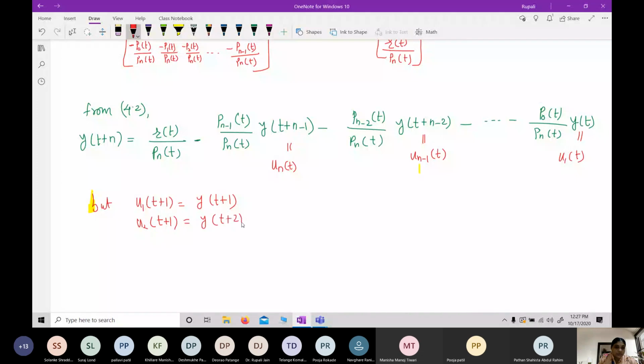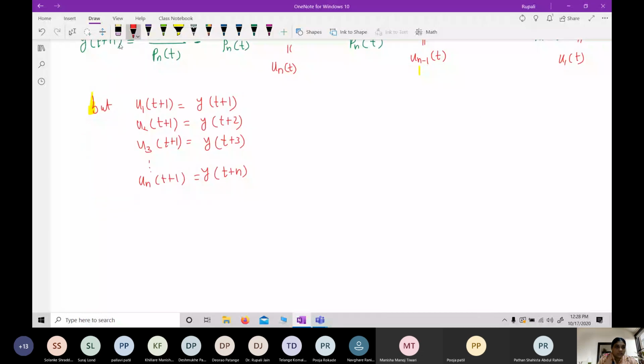What is u3t plus 1? y at t plus 3 and so on. What is unt plus 1? It is y at t plus n.